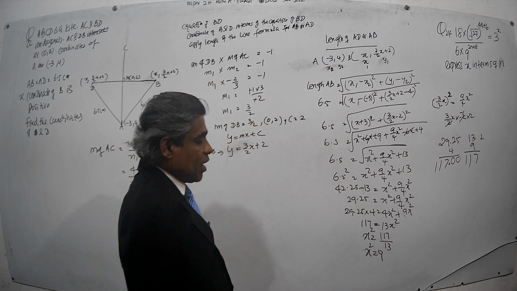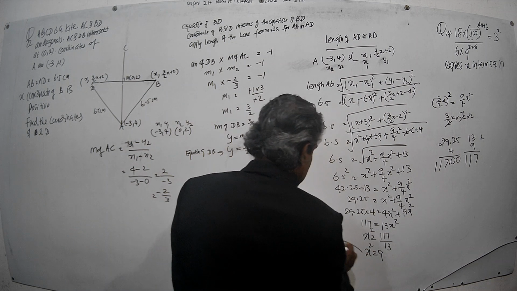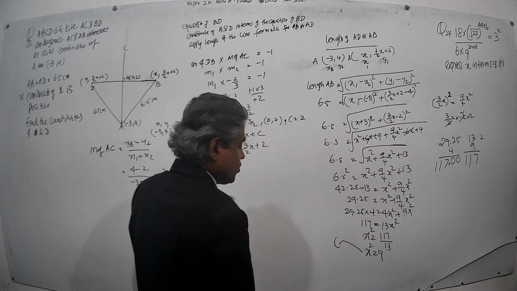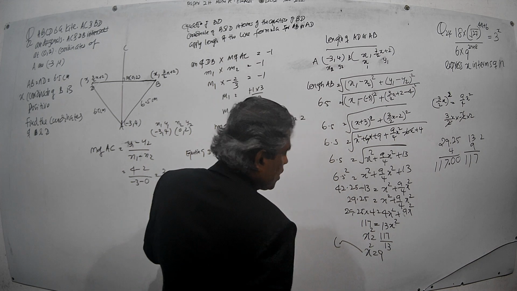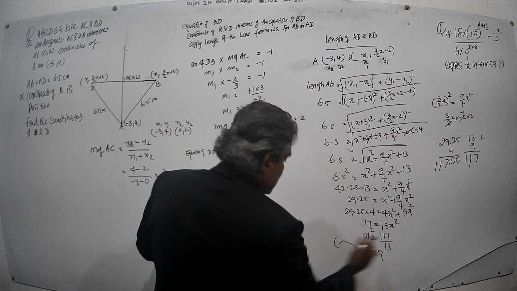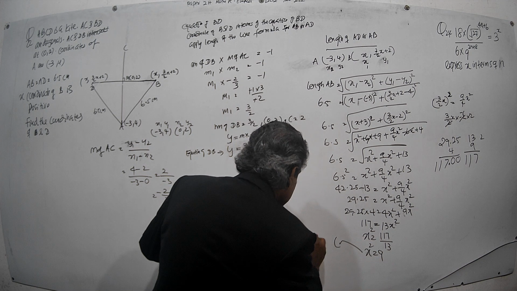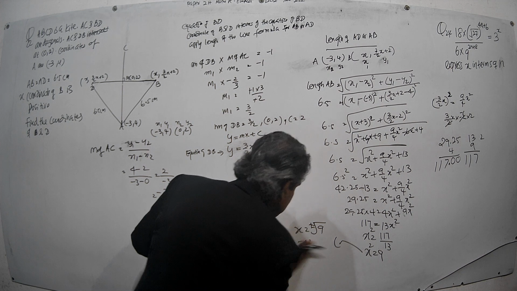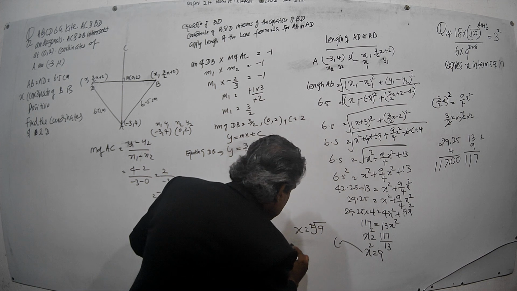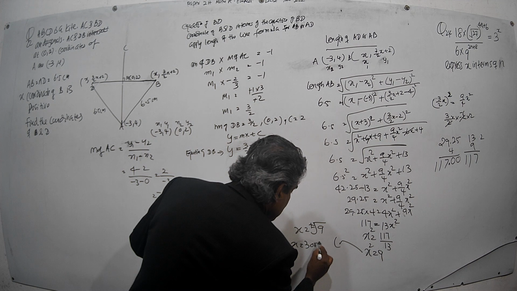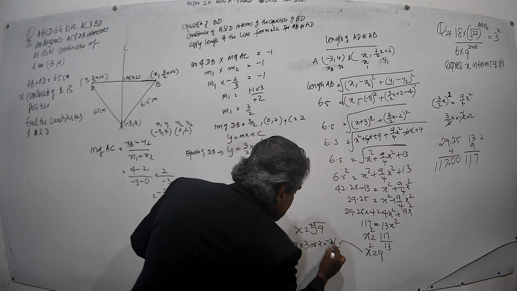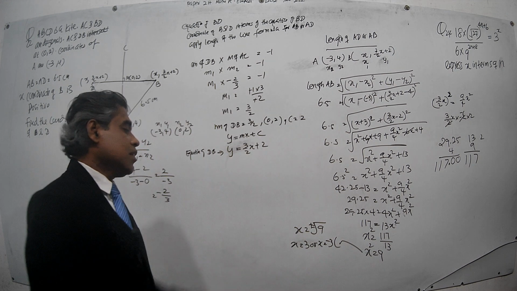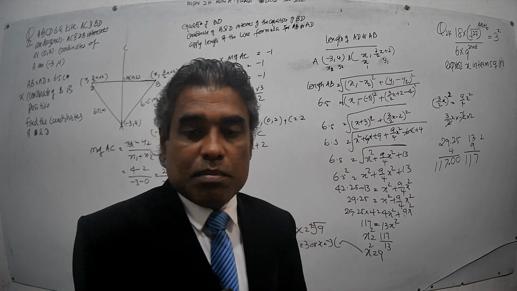Then we can find the value of x. Take the square to the other side, then it will become what? x equals square root of 9 plus or minus, then x equals what? You get x equals plus 3 or x equals minus 3. That is, the square root of 9 is 3, plus 3 or minus 3.